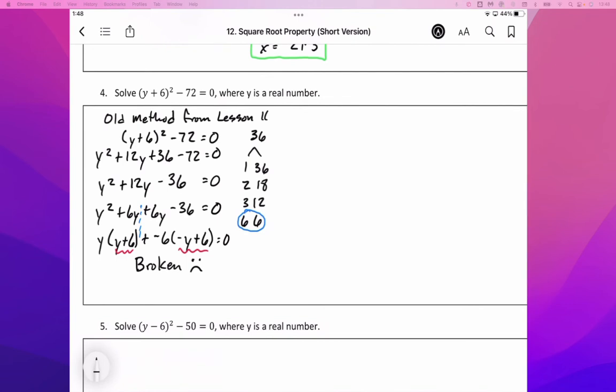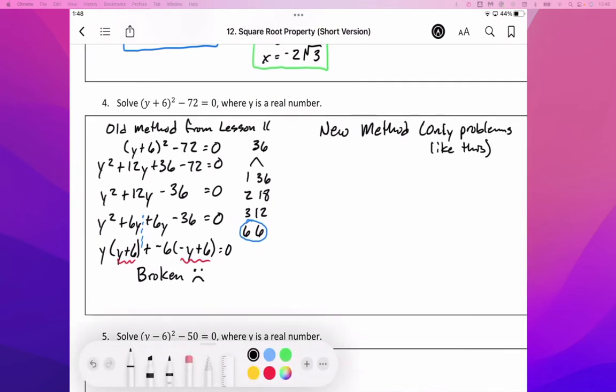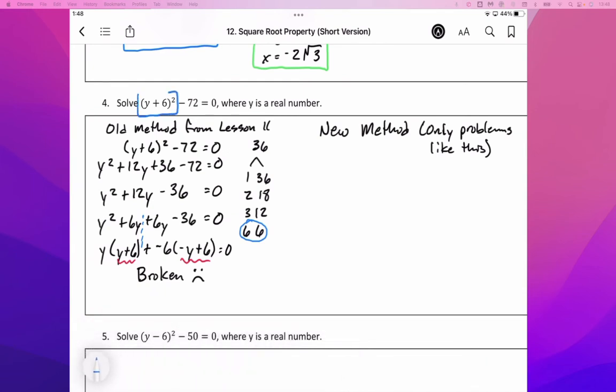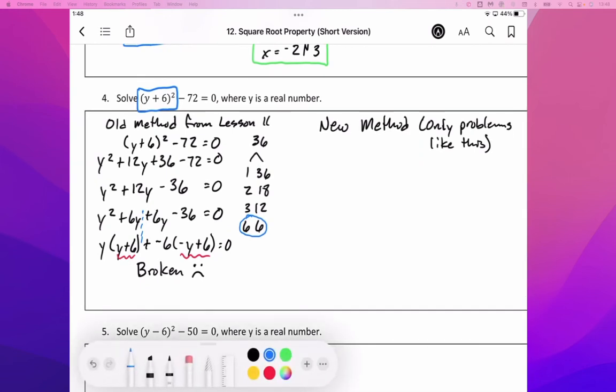But for problems like this, and this only works for problems like this, what I mean is this only works for problems that have a quantity like that squared in that blue box that I just drew. Which is one of the reasons why I don't like this. I think it's kind of a waste of time to even teach this to you, because you're not going to remember it and you're just going to use the quadratic formula, which we'll use later anyway.